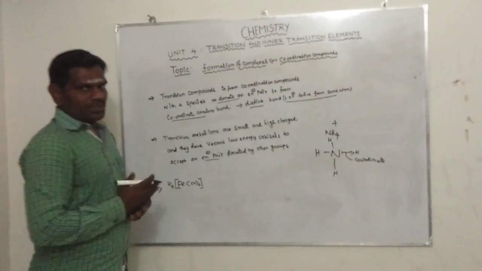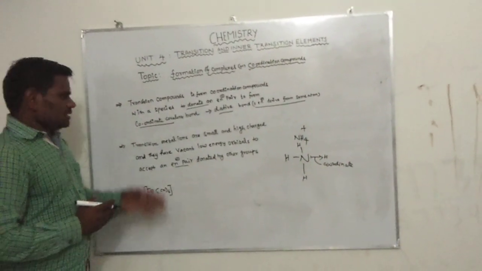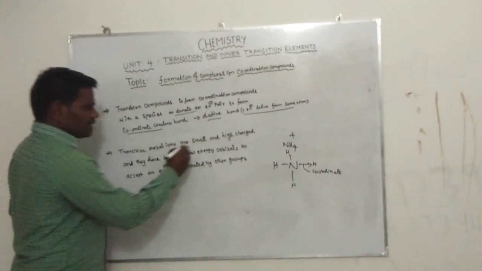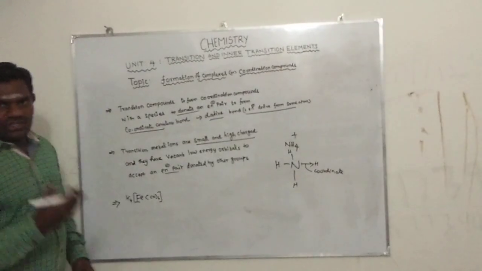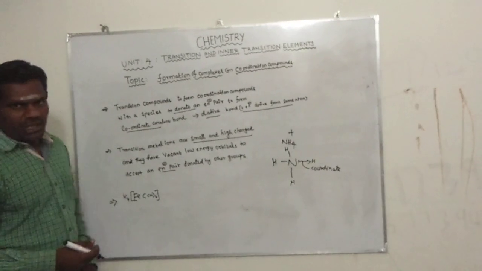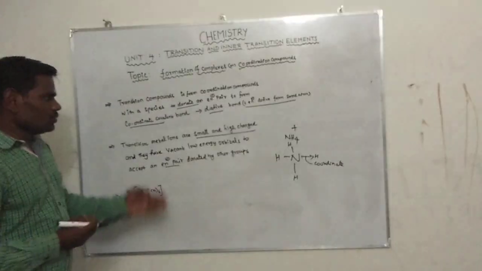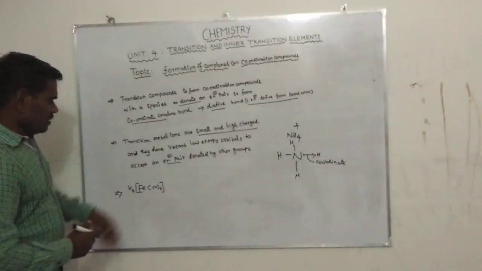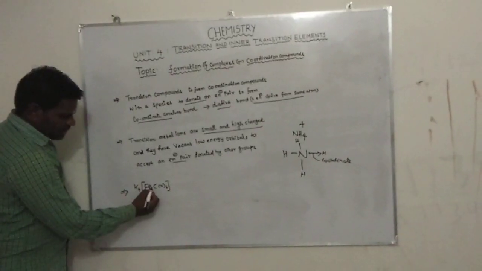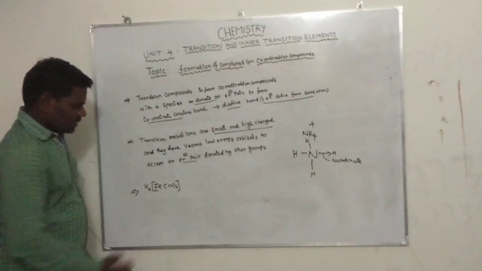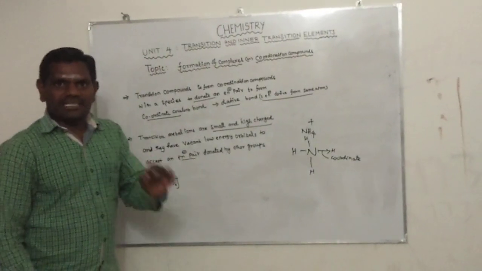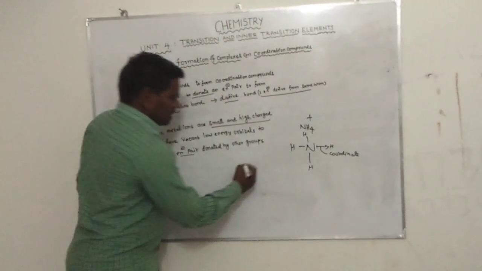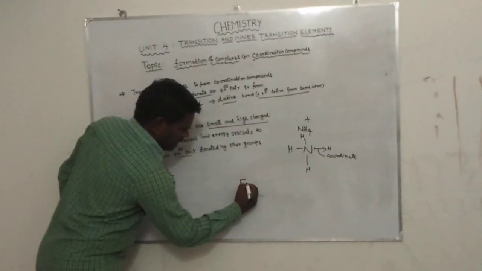The central metal ion is small and highly charged, and it has vacant low energy orbitals to accept a pair of electrons from other groups. For example, potassium hexacyanoferrate. Here iron acts as the central metal atom; central metal atom means ion.